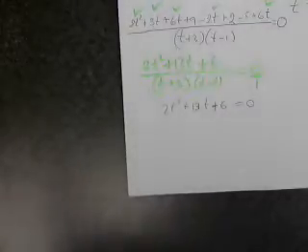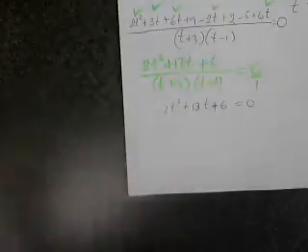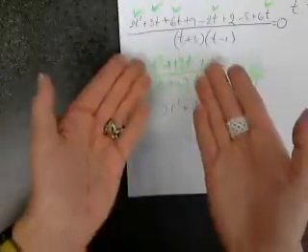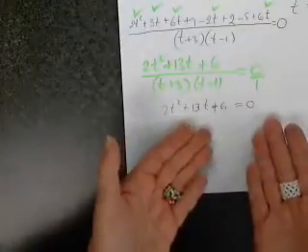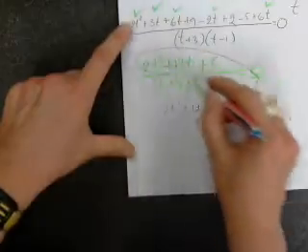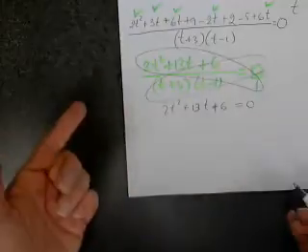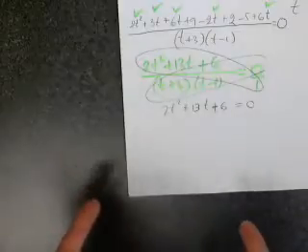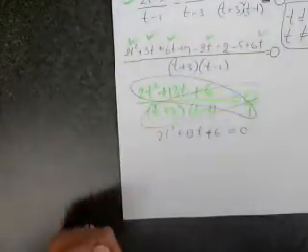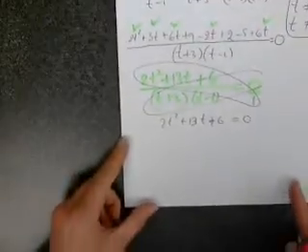So then what else is left? The numerator. A fraction is 0, the numerator has to be 0. That's a shortcut. Now, you don't have to memorize that. You just cross multiply, and that's what you get. The numerator has to be 0 because the denominator can never be 0. Good.